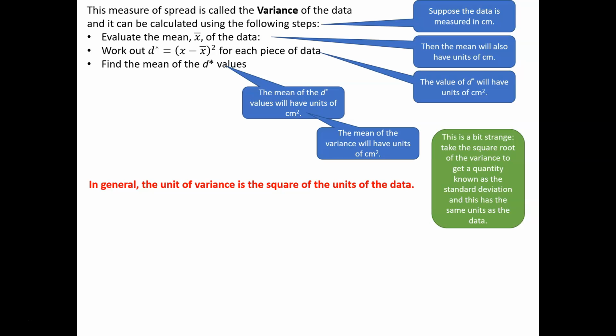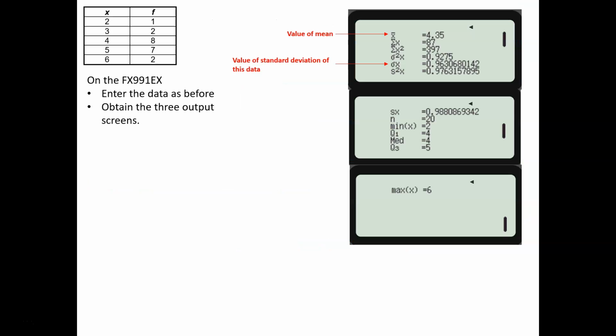What we're going to do is take the square root of the variance to get a quantity known as the standard deviation, and this will have the same units as the original data. So we've got the standard deviation is the square root of the variance. So back to our calculator screen at the moment. We've already seen that the value of the mean is the first entry on the first screen.